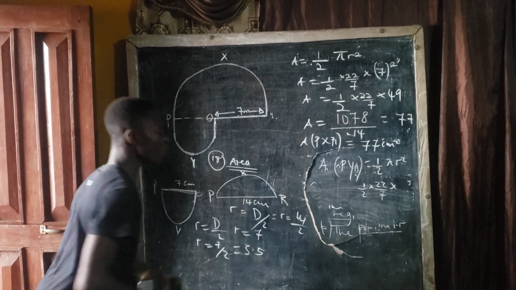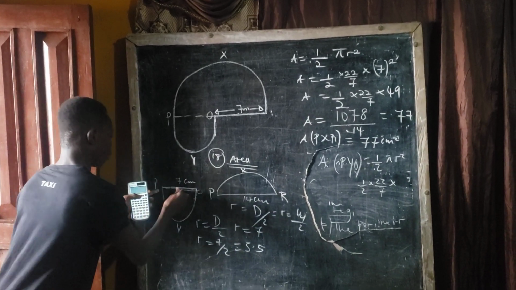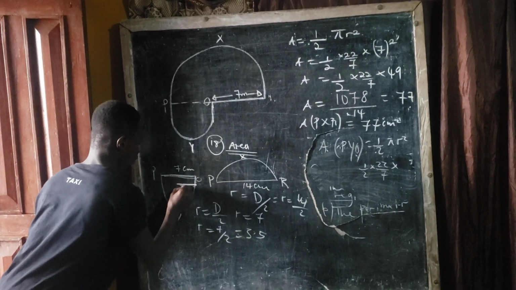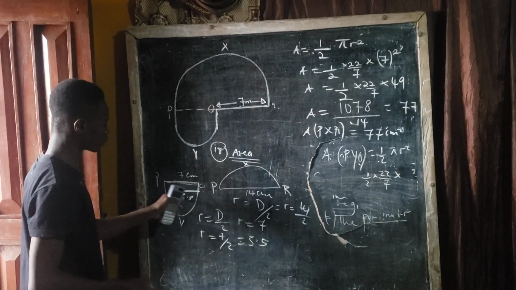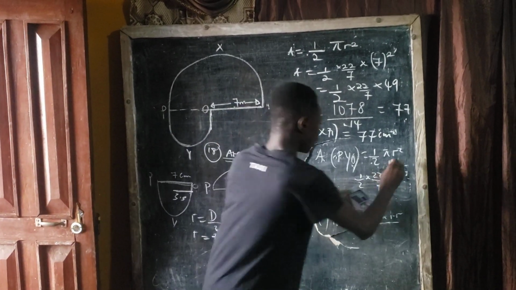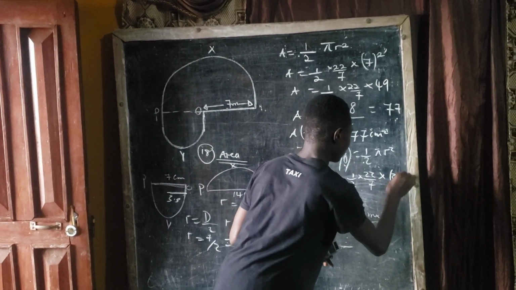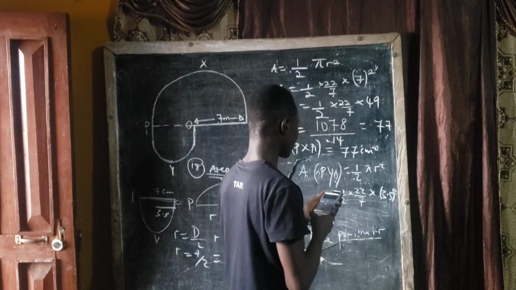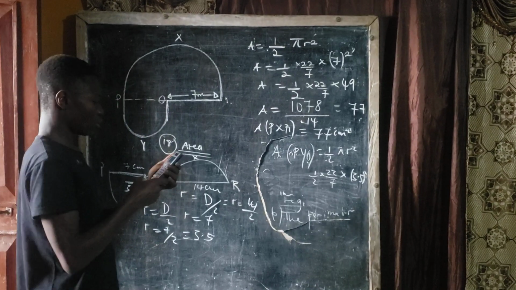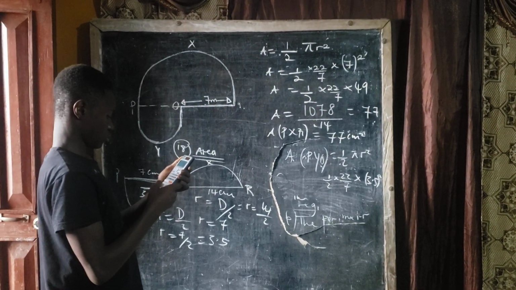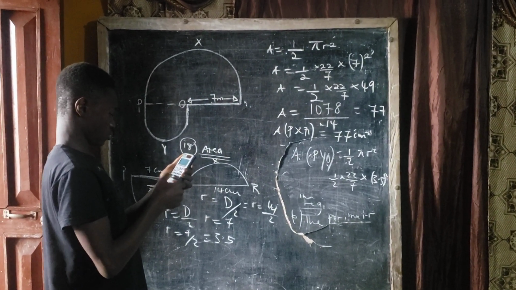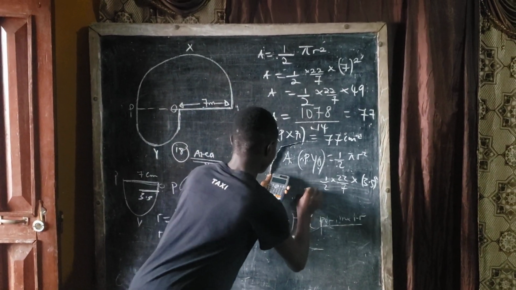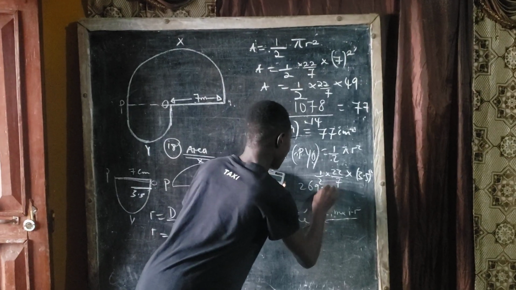That is 3.5. 3.5 is the radius, meaning from here to here is 3.5. So this is the radius for this semicircle. So we have 1 over 2 times 22 over 7 times 3.5 squared, which gives us 269.5 divided by 14.